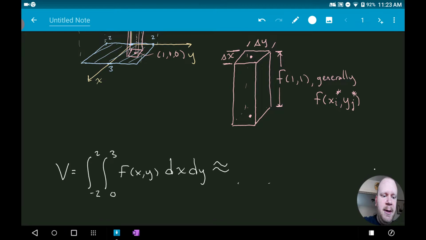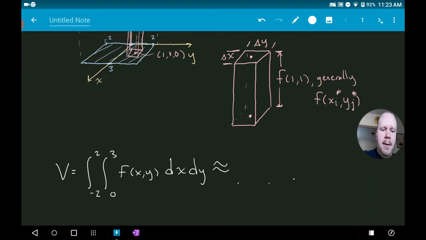It's approximately equal to the volume of each of these, so I'm going to call this f of xi star, yj star.